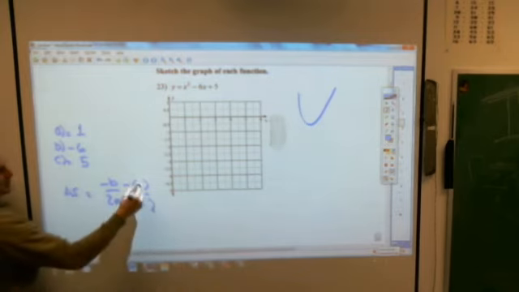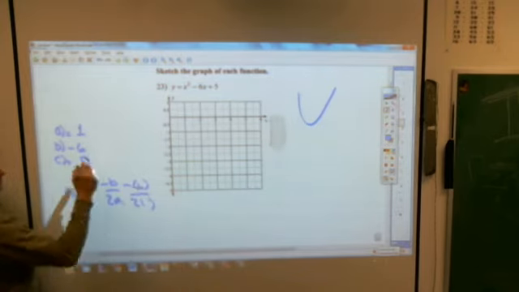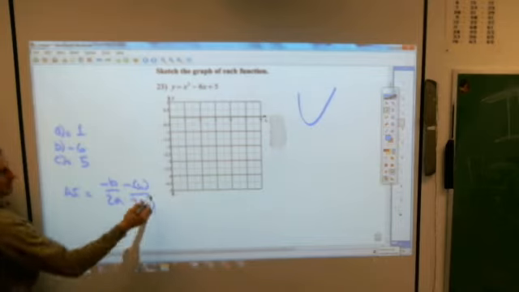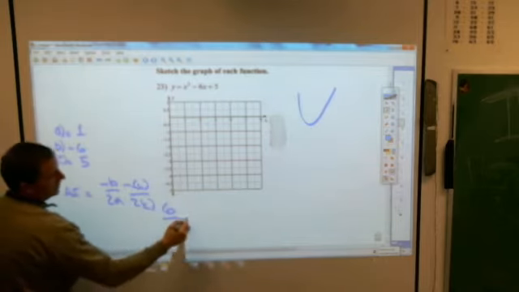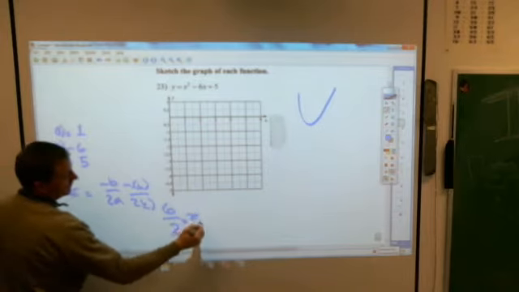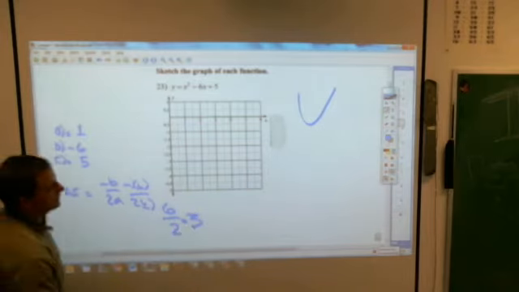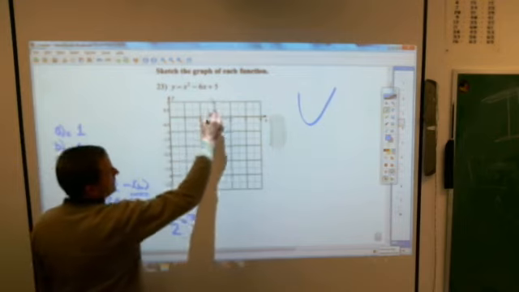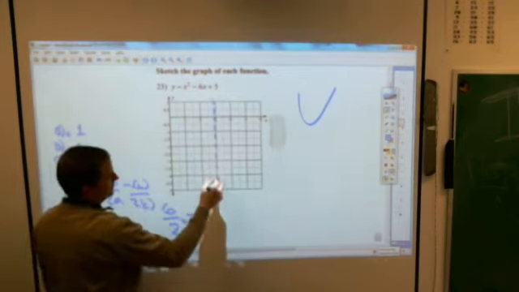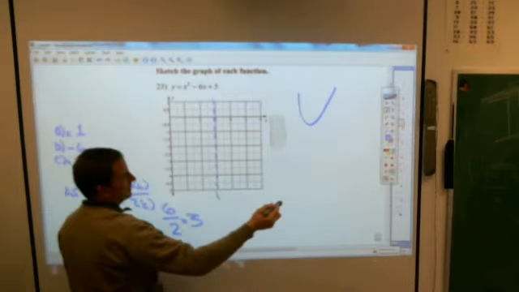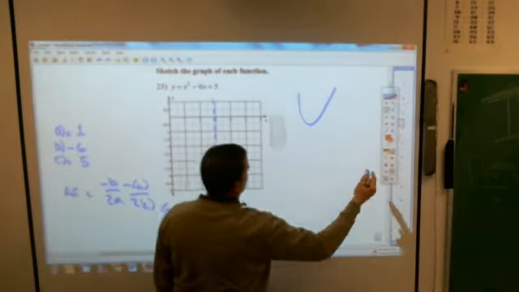B was negative 6, and a was 1. So you have two negatives on top, causing a positive 6 over 2, giving us an axis of symmetry of 3. And that seems like a legitimate thing because it seems to be in the middle of the paper. So far, so good, Kate?